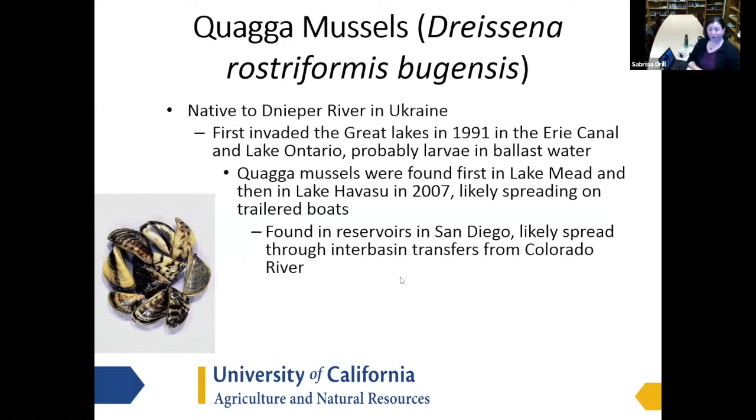They then got into the Colorado River, probably on trailered boats. So this is multiple modes of transmission. And then they showed up in reservoirs in San Diego that receive water from the Colorado River. So probably eggs and larvae of quagga mussels actually came in through the interbasin water transfer system, bringing water from the Colorado River into California to use.